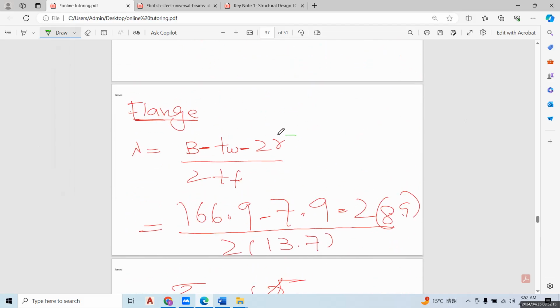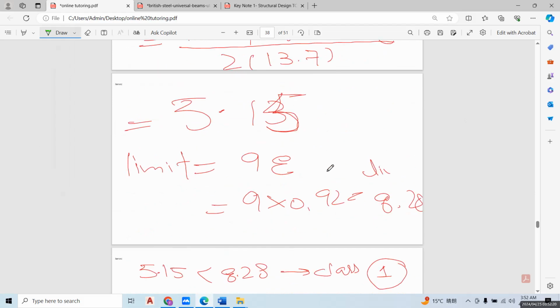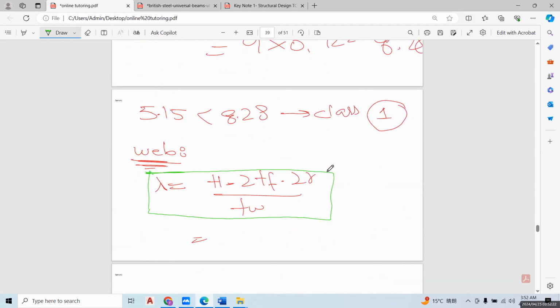Is it difficult to remember or easy to remember? I'm saying that this is the formula you have to remember during the paper, but what if you forget it? Can you think how we can get this formula?